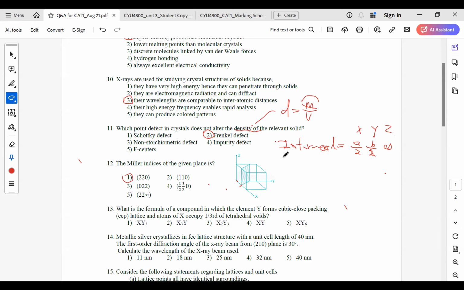Yes. So then we are going to get fractional intersections. What you do here is divide all these intersections by the unit cell length. So you divide a divided by 2 by a, half b by b, and then this by some other value. Then you get half.